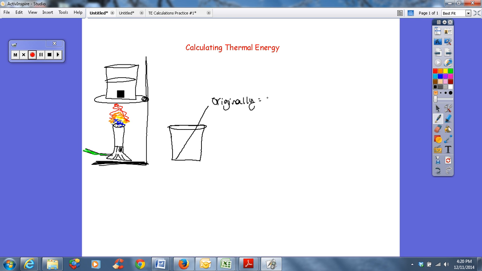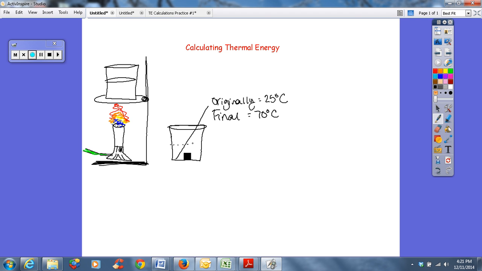We measure the temperature of the water initially, and the temperature originally is, we'll say, 25 degrees Celsius. Then we take the block out of the warm water, quickly put it in this water, and measure the temperature over several minutes. We report our results, and in the end we find that our final temperature is 70 degrees Celsius.